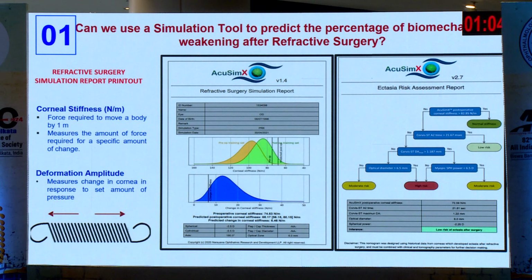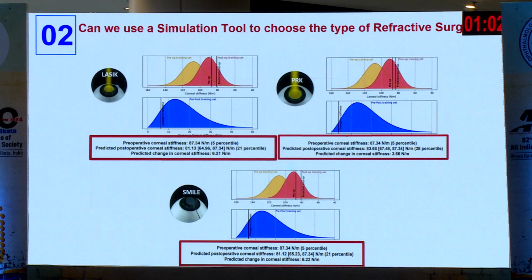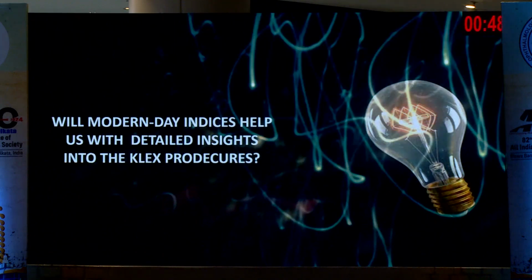This model gives you a very good prediction: if I do a LASIK, I get 6 newtons of weakness; if I do a PRK, I get 3; if I do a SMILE, I get 6. So I can choose which one will be the least amount of stress on my corneal structure.